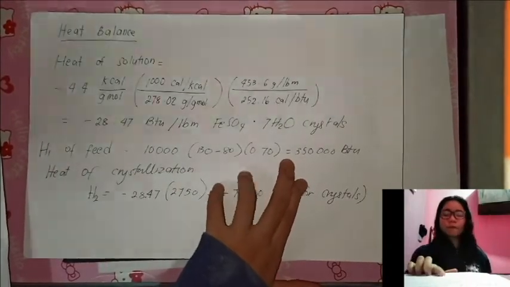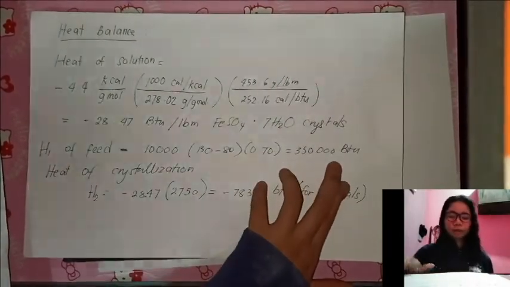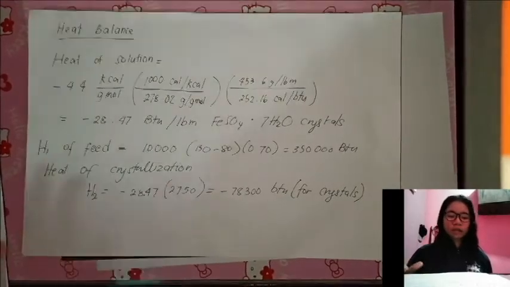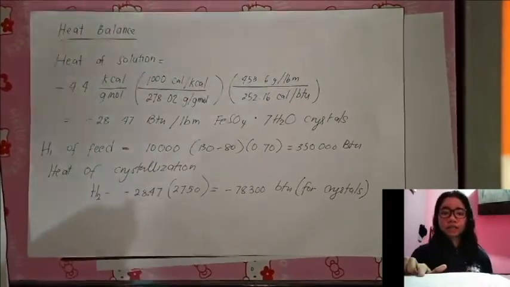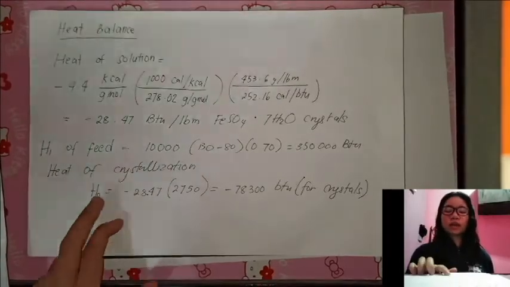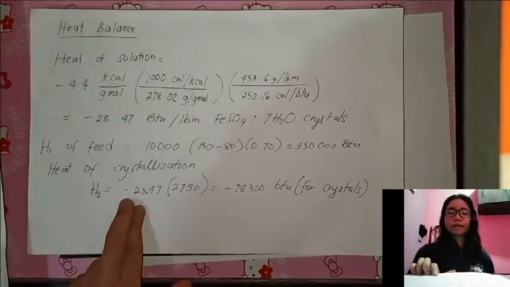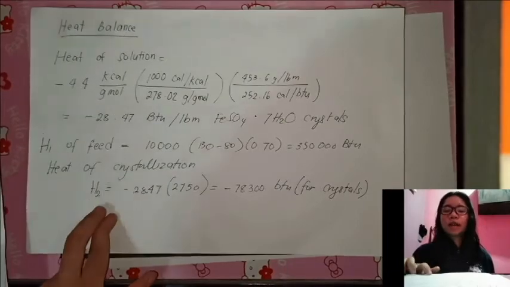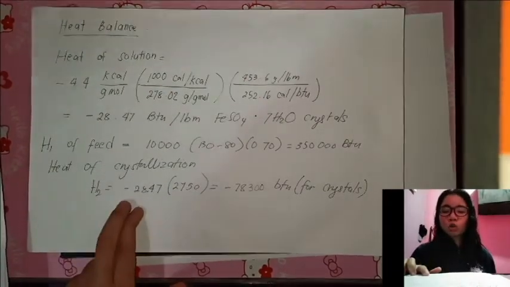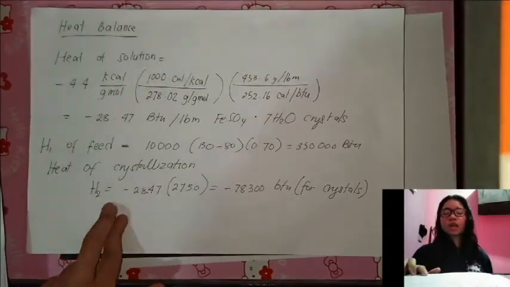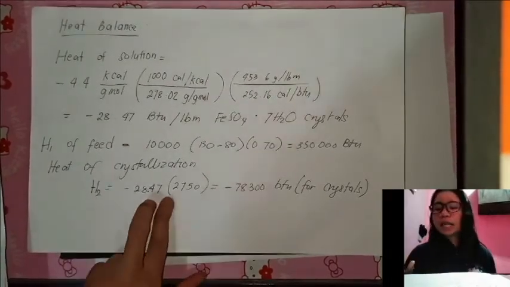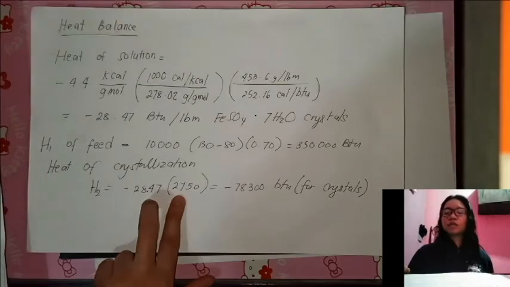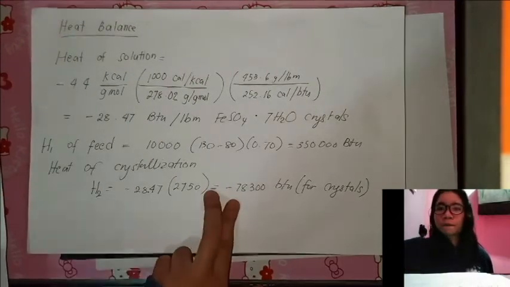The enthalpy H2 of the final mixture of crystals and mother liquor at the final temperature is the heat of crystallization. H2 equals negative 28.47, which is the heat of solution, times 2,750, equals negative 78,300 BTU. This is for the crystals.